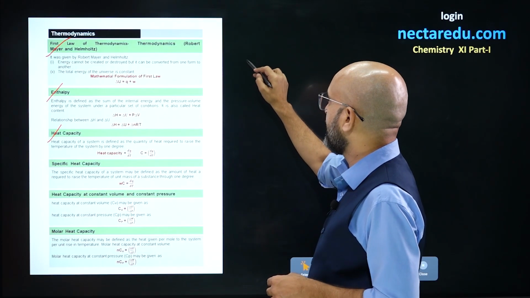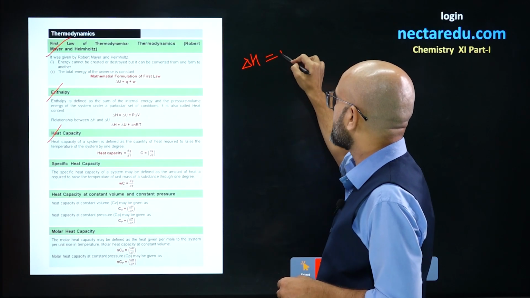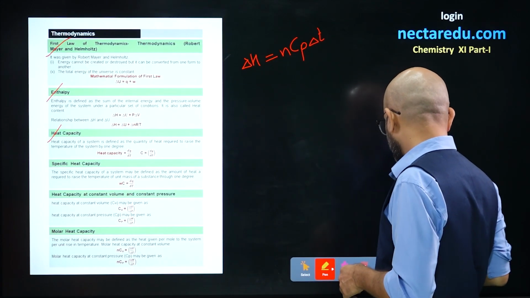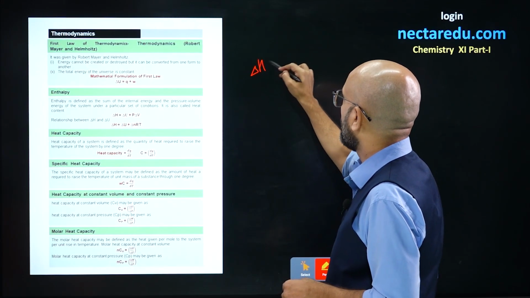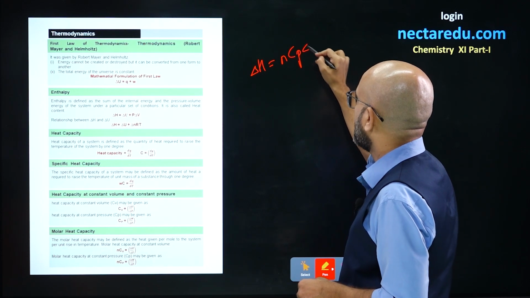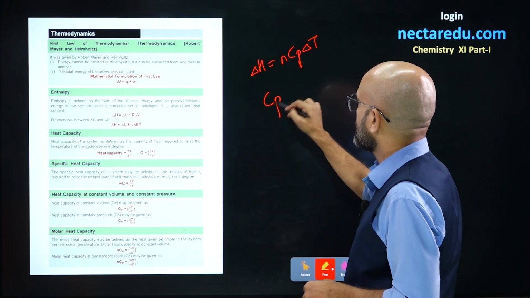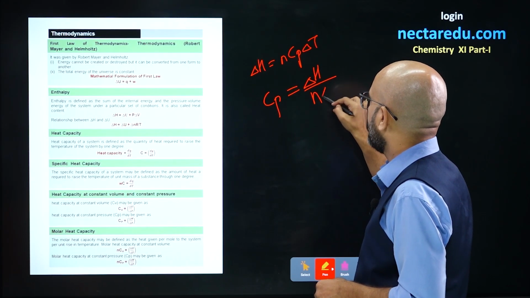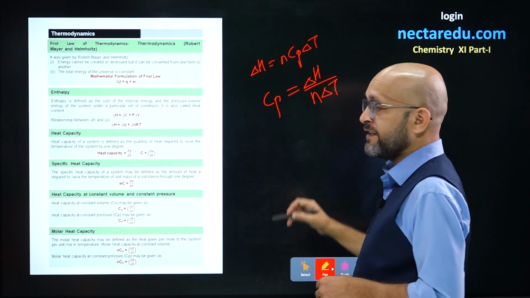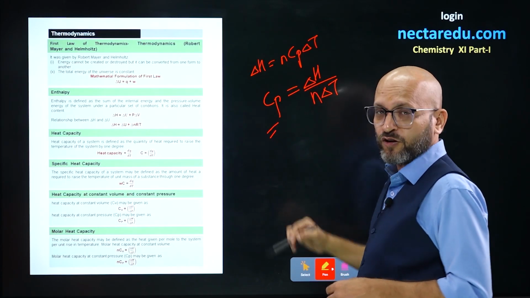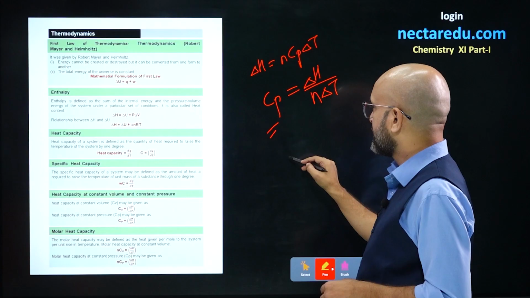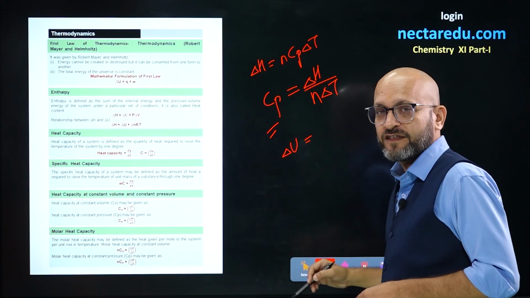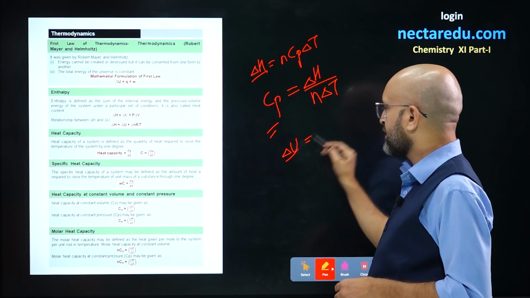If you want to calculate delta H, you have n Cp delta T. So you have Cp equals delta H by n delta T, and Cp is molar heat capacity at constant pressure. Similarly, Cv is used for calculation of internal energy change. This is enthalpy change, this is internal energy change.